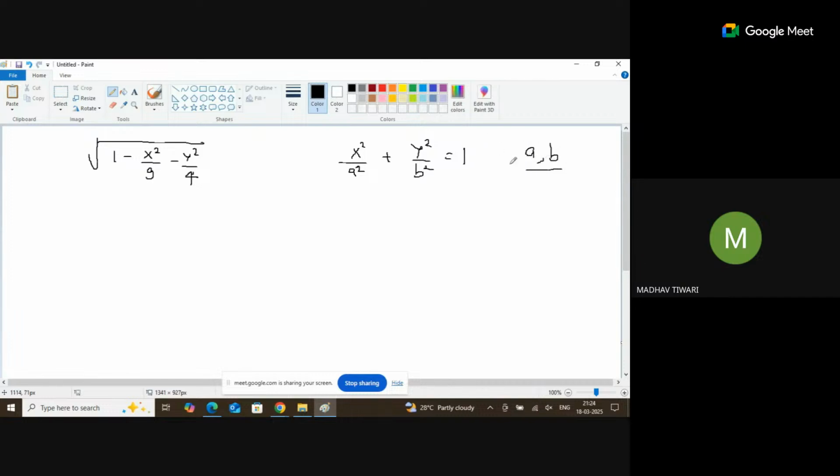So if we have an equation like this, and it is equal to c, then I can say that it will be equal to c square, and it will be 1 minus c square, equal to x square by 9 plus y square by 4. So this is this. On increasing the value of c, you can see that if I increase the value of c, this value will get smaller. It will decrease. So if it is going to decrease, then whatever the values of x and y at that point, I have to increase this thing.